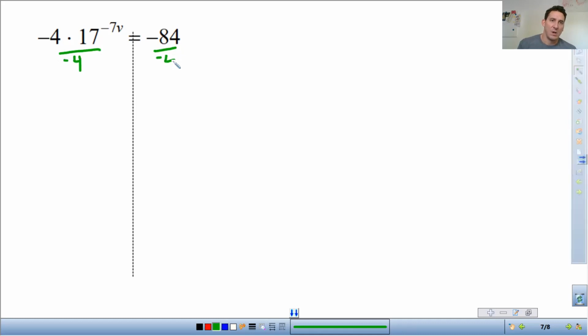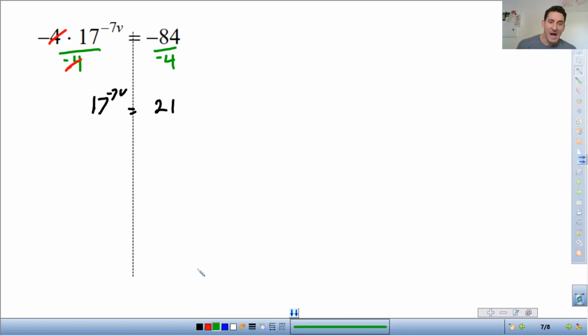I can't multiply these two because this 17 has this power. This -4 doesn't have a power, so we can't multiply those. I can divide it out. Negative 84 divided by negative 4 is 21. And then I'm just left with 17 to the negative 7b over here.